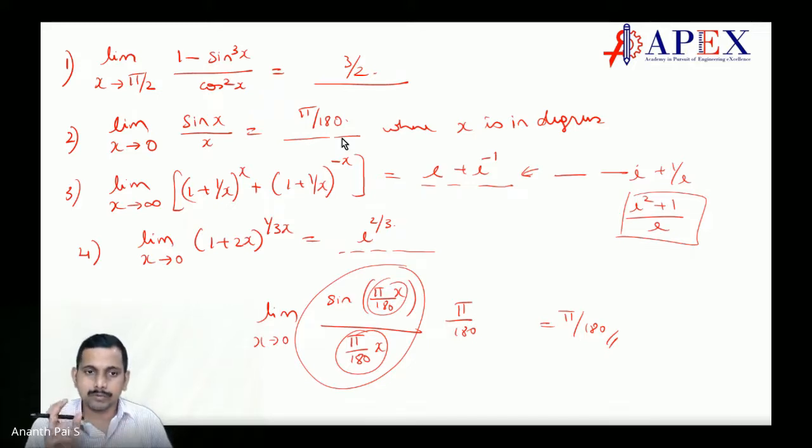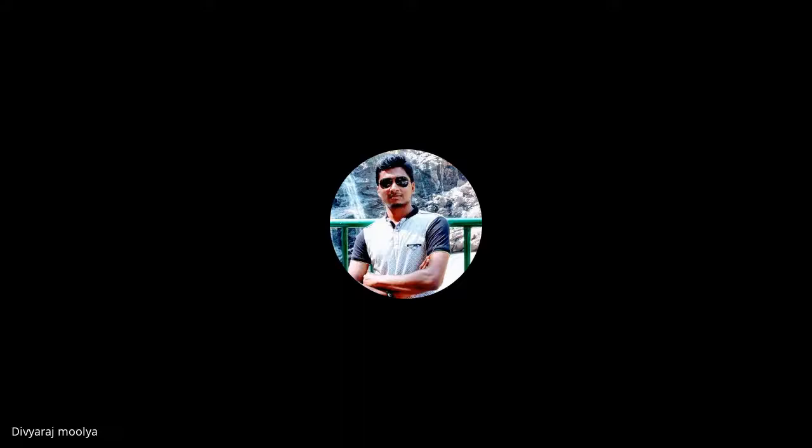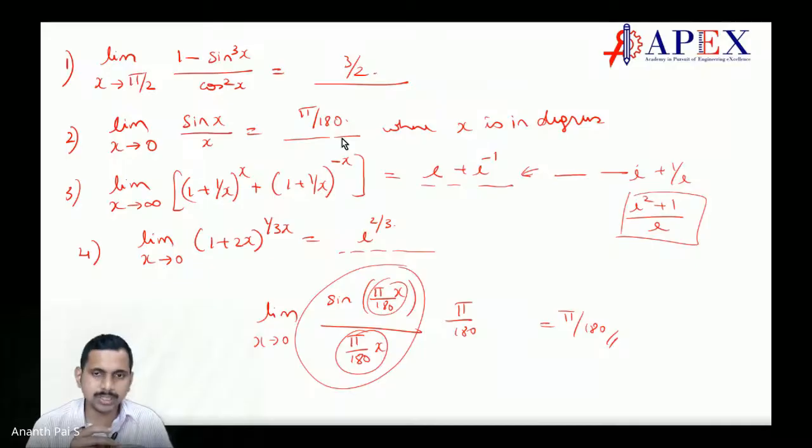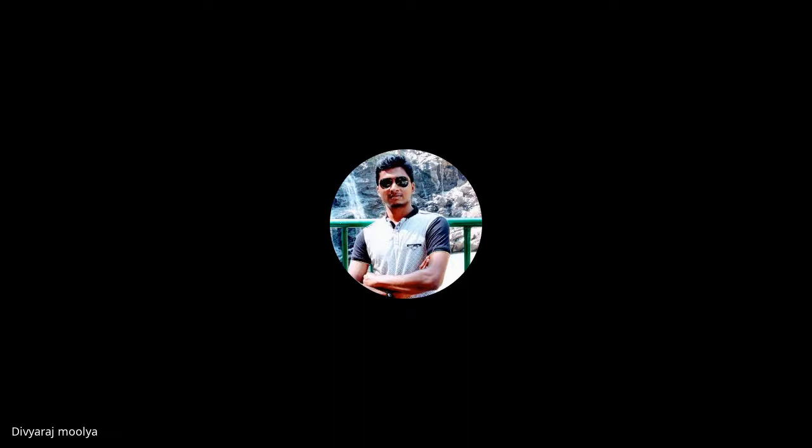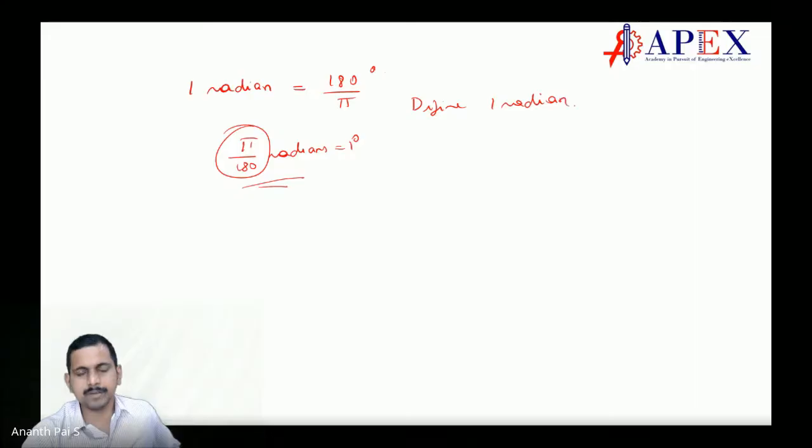Because when you consider it, a radian is just a number, is it not? Diviraj, are you getting that point? What is a radian? Define 1 radian.